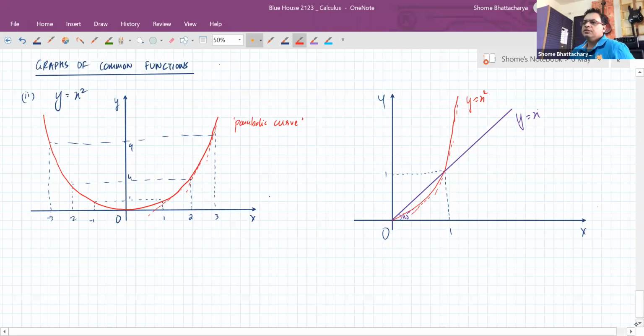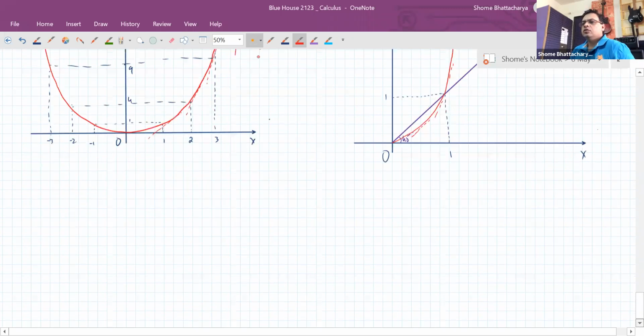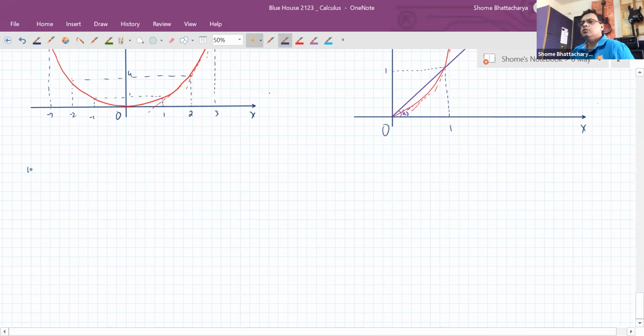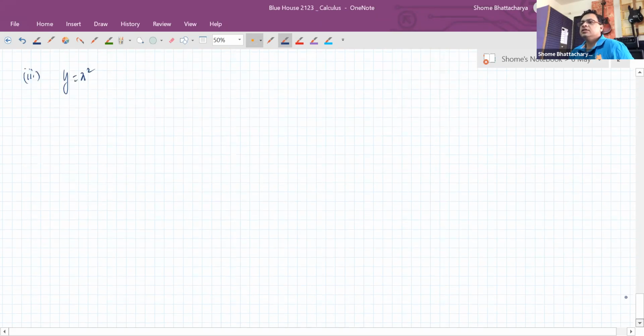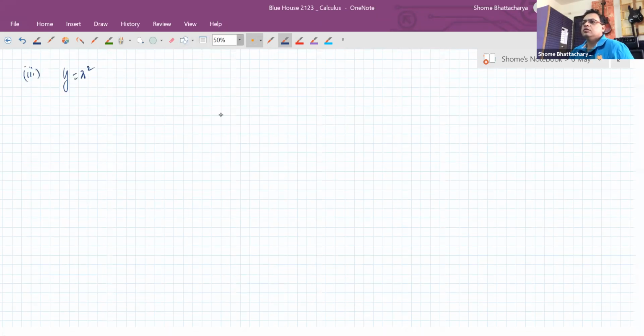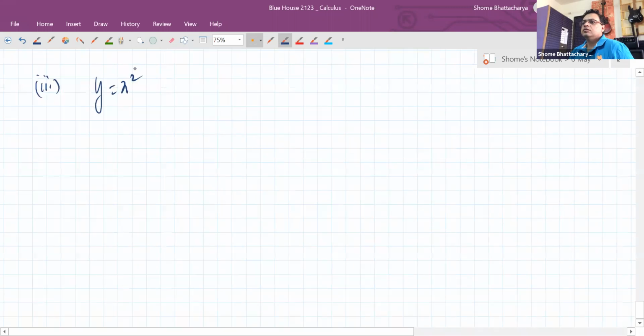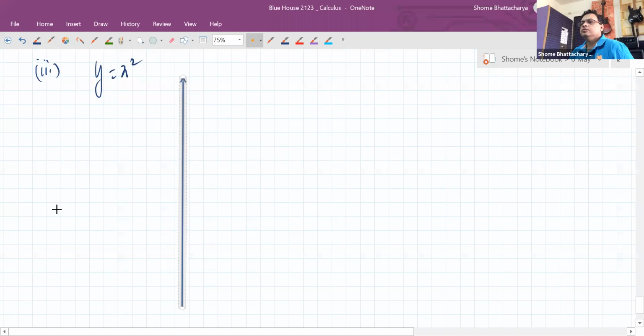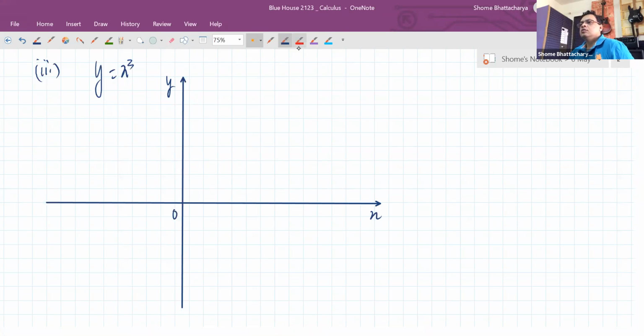Okay. Similarly, if you look at the graph of y equal to x cube, that also has an interesting shape. Sorry, I'll correct that to x cube. This has a shape something like this.